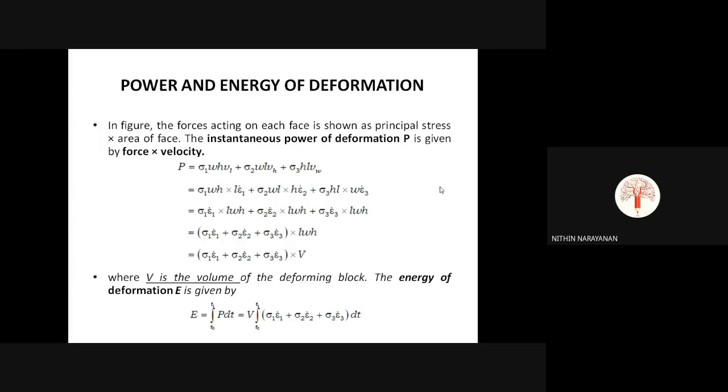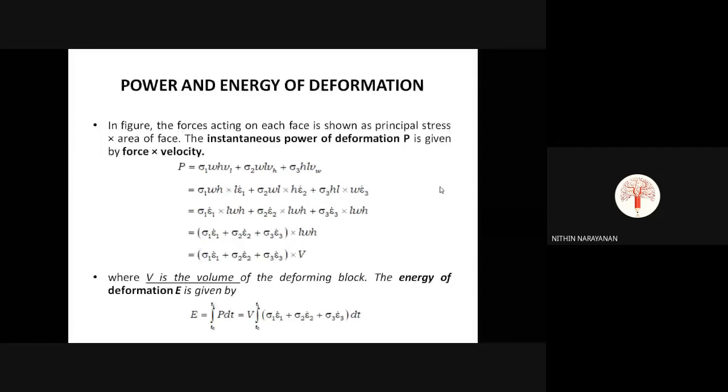There are 6 faces for this block. So on each face there will be a force acting. The force acting will be equal to the stress into the area. Because stress is force per unit area, so force will be stress into area. Here the case is the principal axis, so the stresses will be principal stresses.